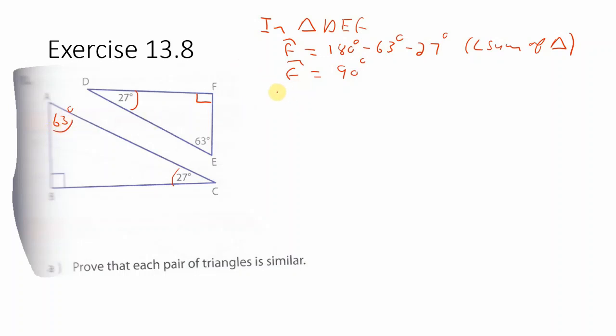So in a similar way, we could have said in triangle ABC that angle A equals 63 degrees due to the angle sum of the triangle. So now to prove similarity, we follow the same outline as for proving congruency.